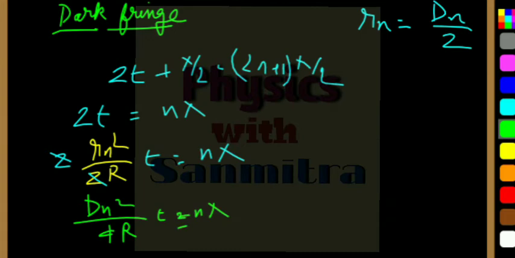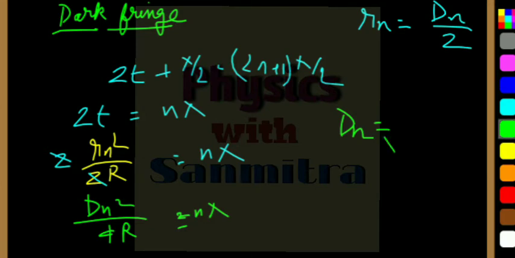So now we can write here dn, that is the diameter, for dark fringe. This t will not be there because we replaced this t already. So 2 rn square by 2R is equal to n lambda, dn square by 4R is equal to n lambda.